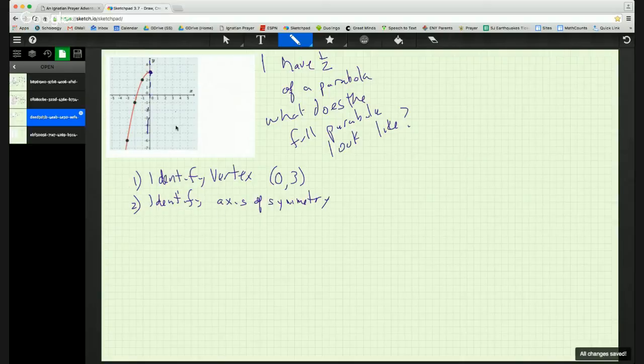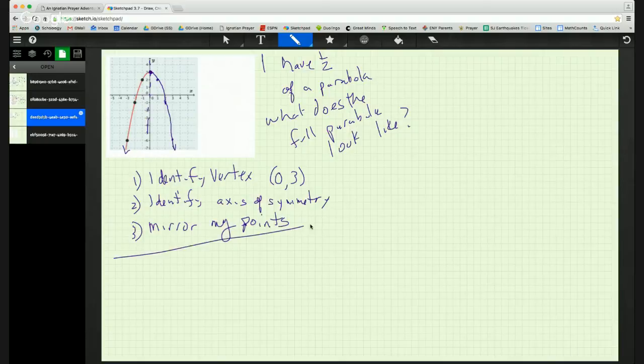Now that I have the axis of symmetry, I just mirror my points. So let's mirror this one. We'll mirror this one. We'll mirror this one. And we'll kind of sketch that in. Voila! So I hope this was a useful exercise.